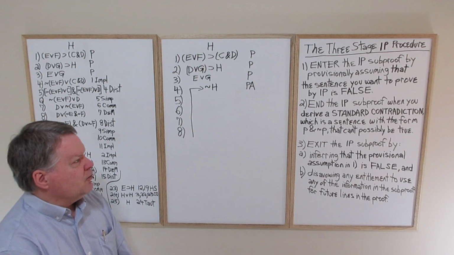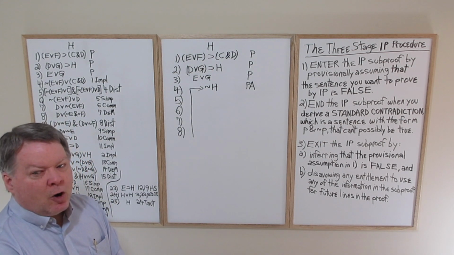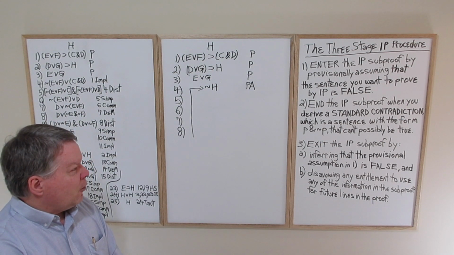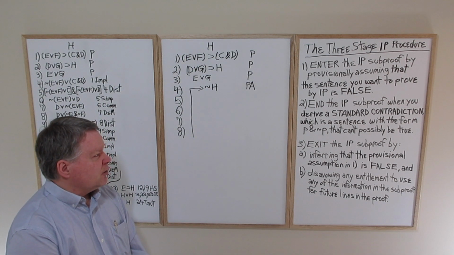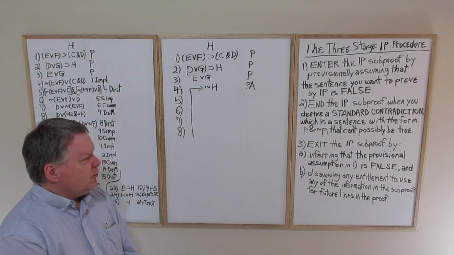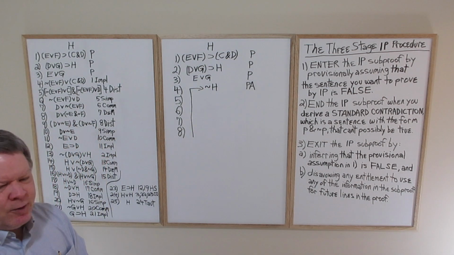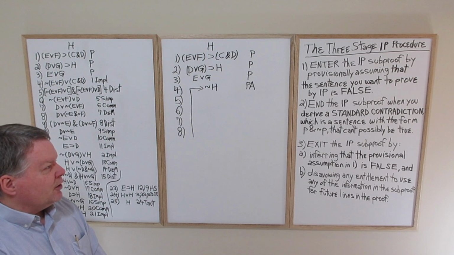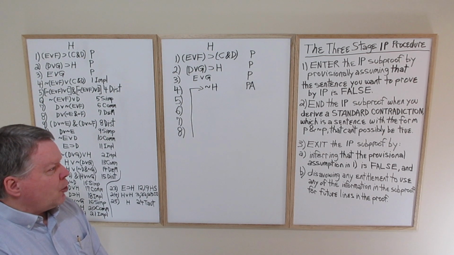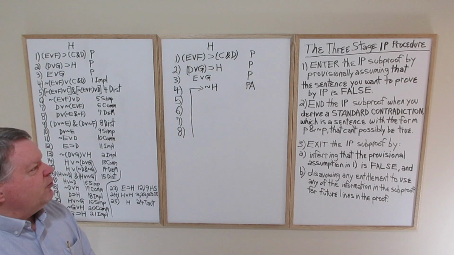Standard contradictions are sentences that are necessarily false as a result of their form or underlying logical structure. No matter the situation, both of those conjuncts can't be true simultaneously, so the standard contradiction is always false.